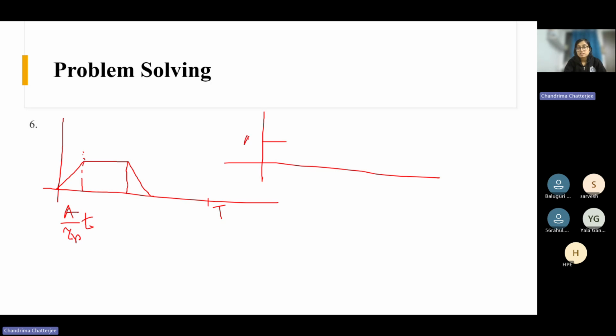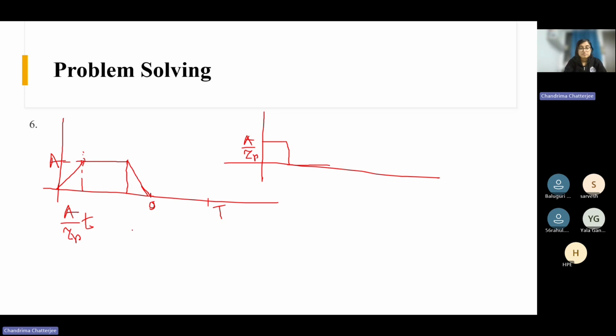Whose amplitude is A by tau r. From this point to this point, this is constant, so the differentiation is 0. Then we have a negative ramp. It is falling down from A to 0 again. So what is the waveform?